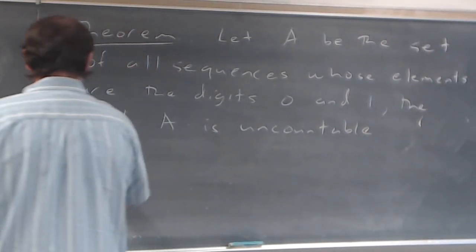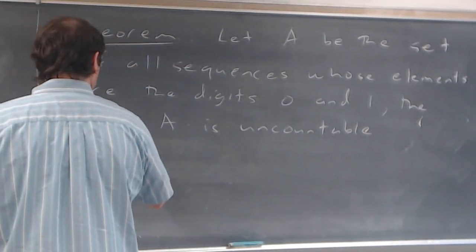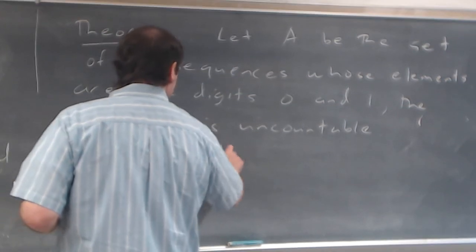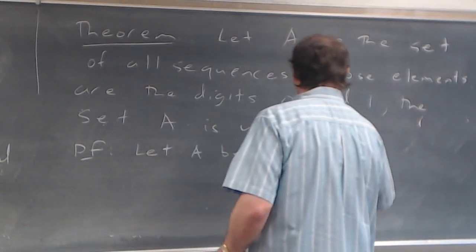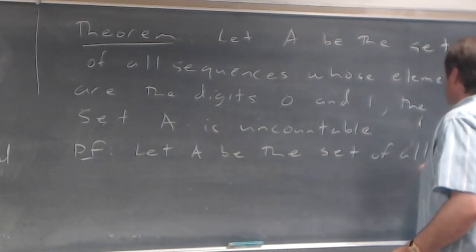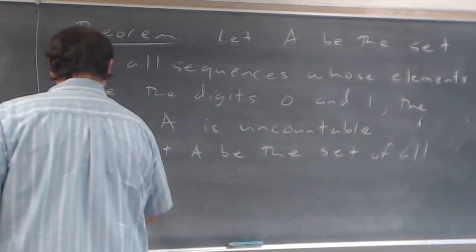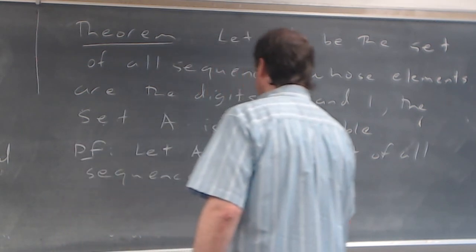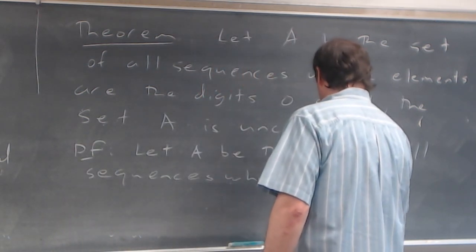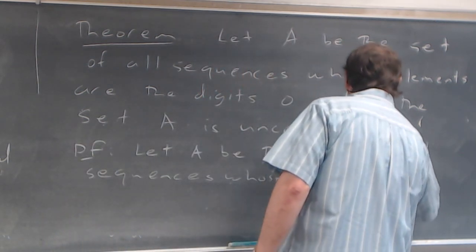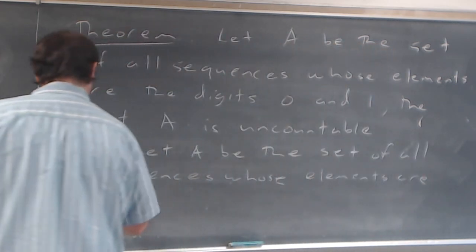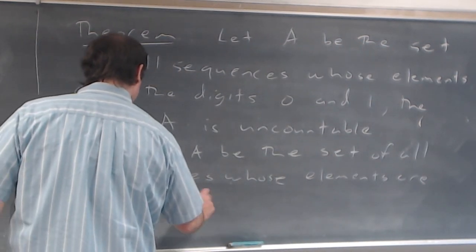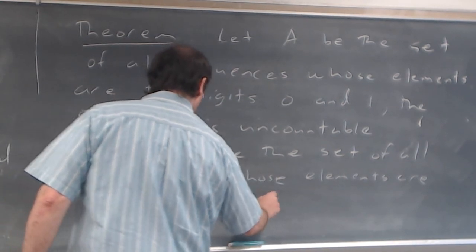So here we'll start off by letting A be the set of all sequences whose elements are the digits 0 and 1.